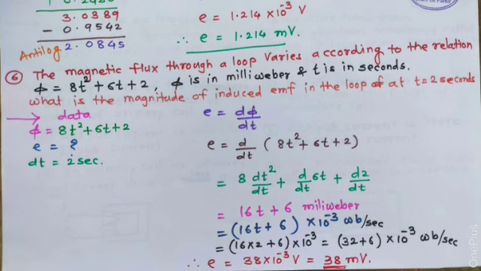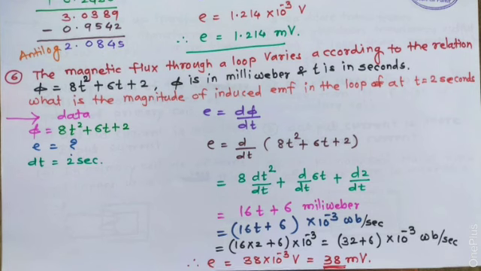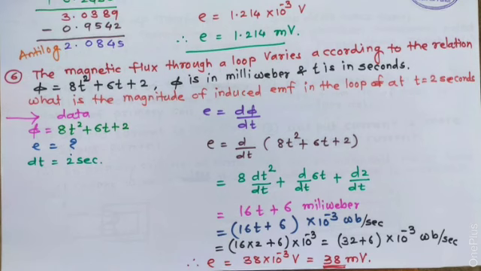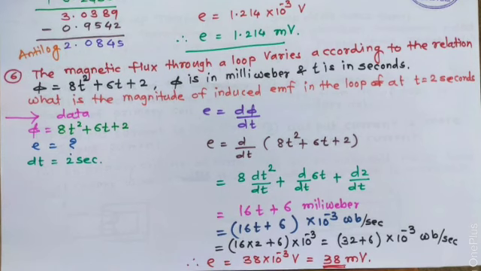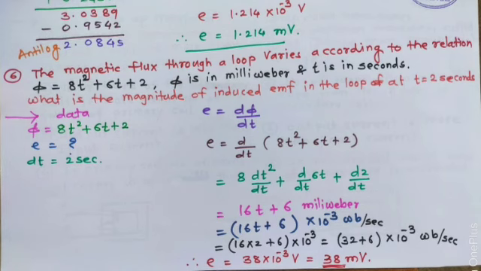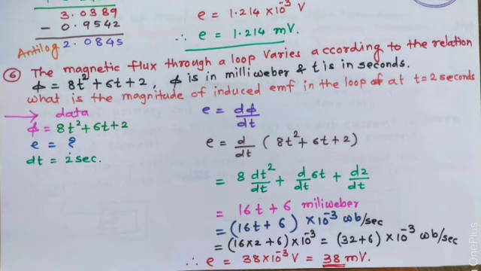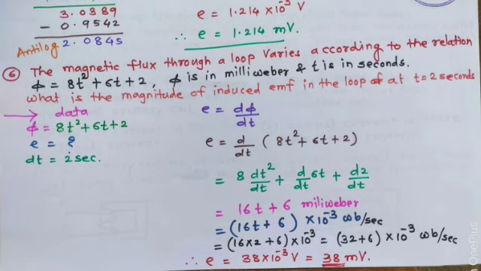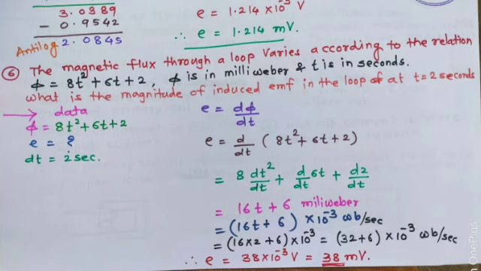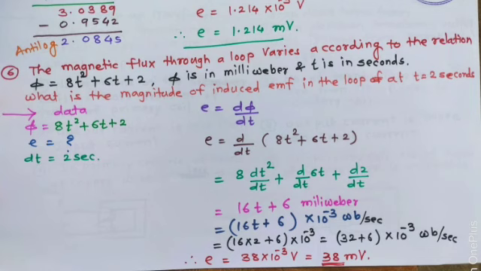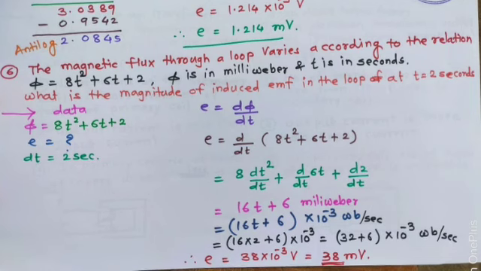Derivative of t square gives 16t plus 6 milliweber, for t in second. Here for t equal to 2 seconds, 16 into 2 is 32 plus 6, into 10 raised to minus 3 Weber. So we can write 38 into 10 raised to minus 3 volt. So the EMF induced in the loop at 2 seconds will be 38 millivolt.